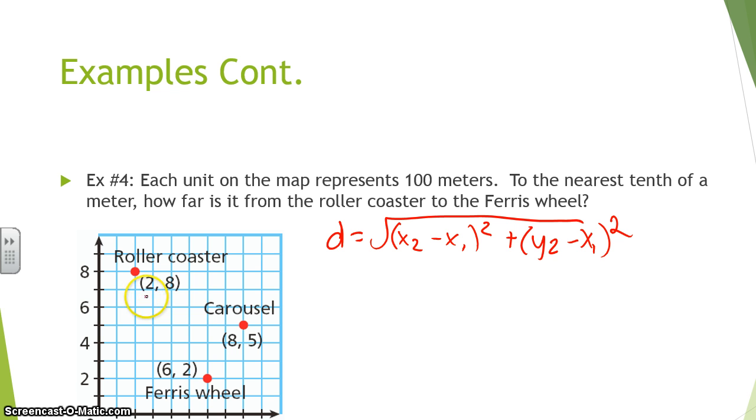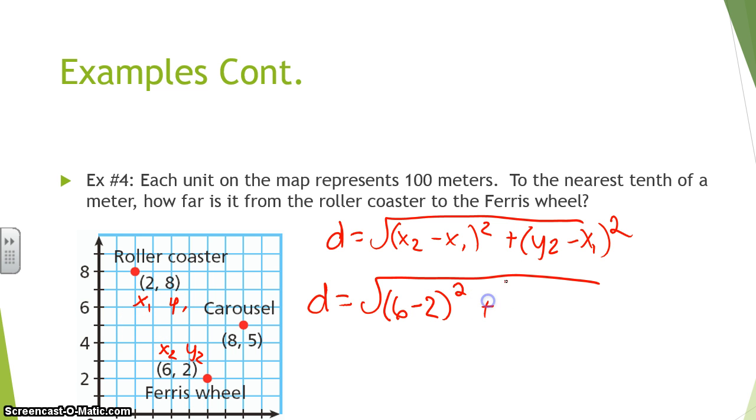We can call this (2, 8), x1, y1, x2, y2. So I have d equals the square root of x2 is 6 minus x1 is 2 squared plus y2 is 2 minus y1 is 8 squared.